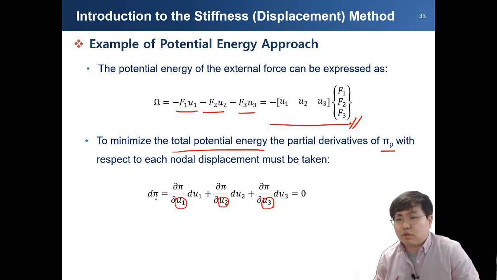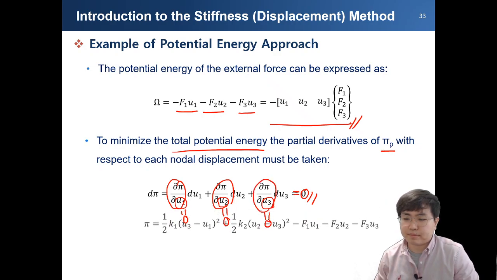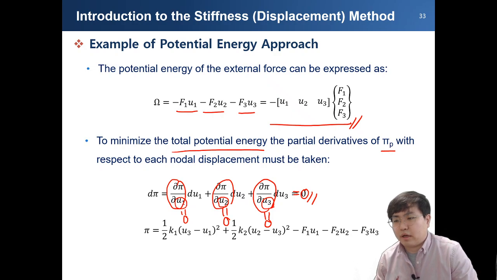To obtain the minimum value, the derivative must always equal 0, so each part must become 0. So our equation looks like this. And then how can we obtain the first one? Let's try only one simple equation.